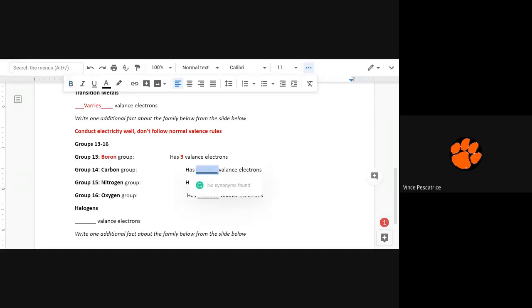All right, and then if you look at the valence electrons, the 14th group would have 4 valence electrons. The 15th group, which is nitrogen, all of those have 5 valence electrons. And then in the 16th group, all of those have 6 valence electrons.